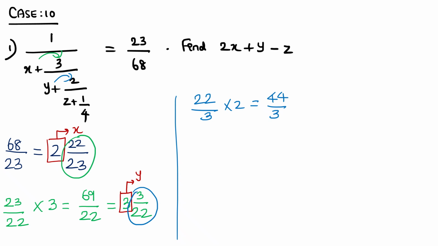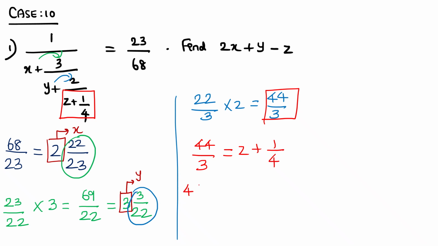Then the next step is to find the value of z. To find the value of z, 44 by 3 is equated to z plus 1 by 4. This 1 by 4 is shifted to the other side as you want to find the unknown value.